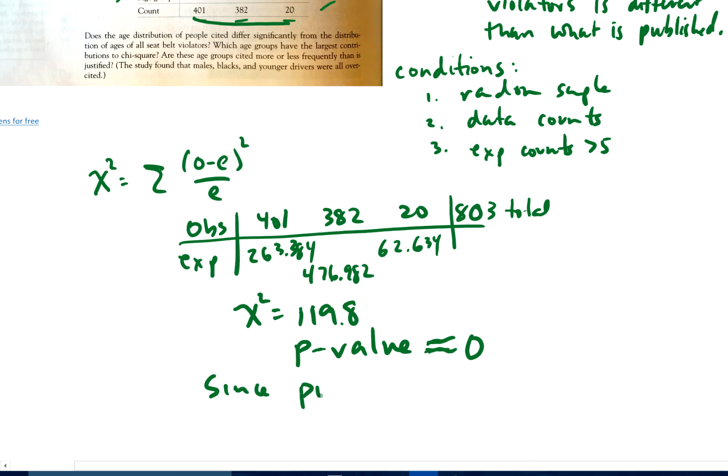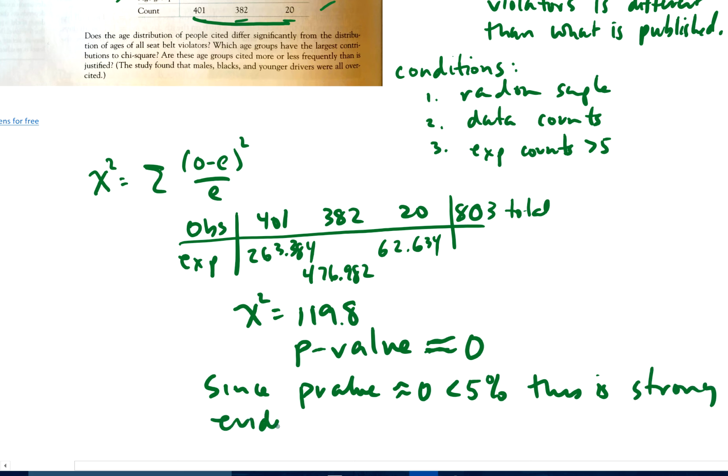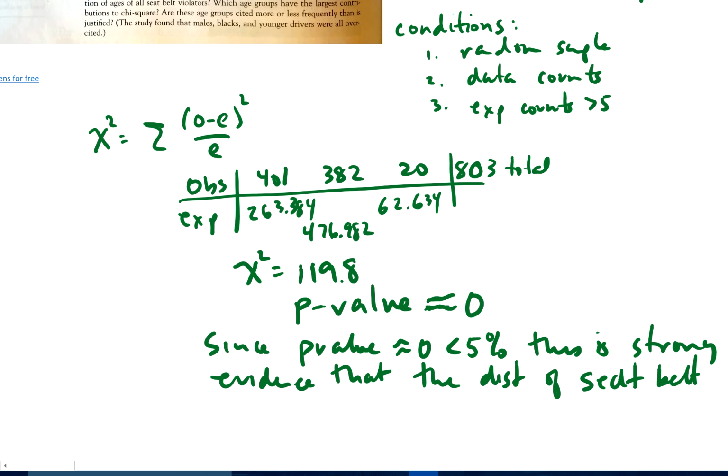Okay, so since the p-value is approximately 0, less than 5%, this is strong evidence that the distribution of seatbelt violators is different.